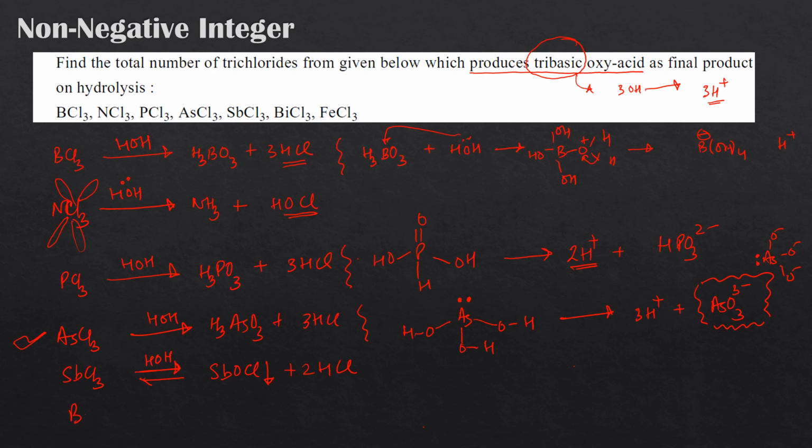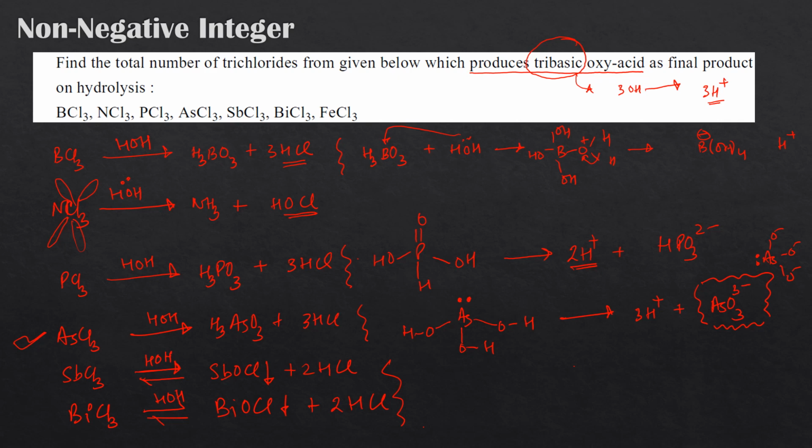A similar situation is known with BiCl3, which upon hydrolysis is supposed to produce BiOCl, which again gives turbidity or a white precipitate, and 2 HCl. We are not getting any oxoacid in this case.